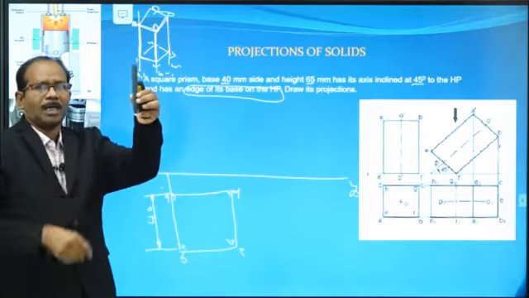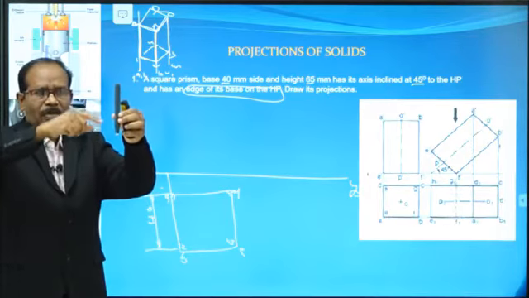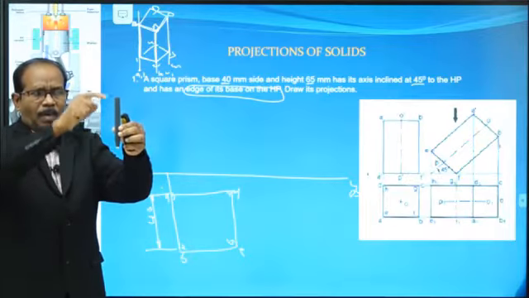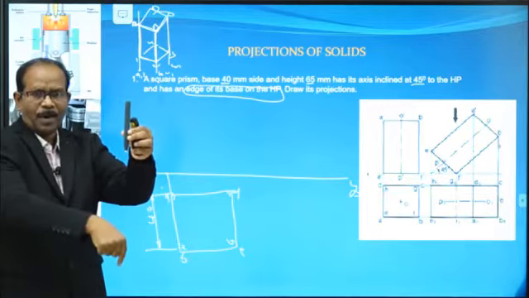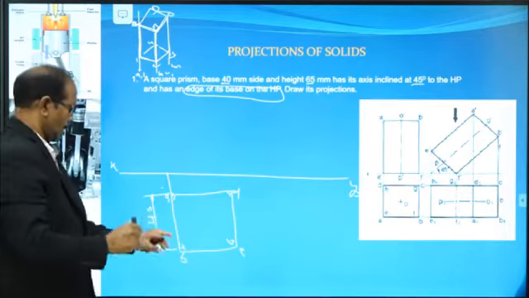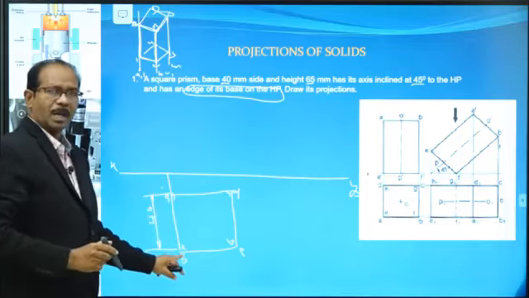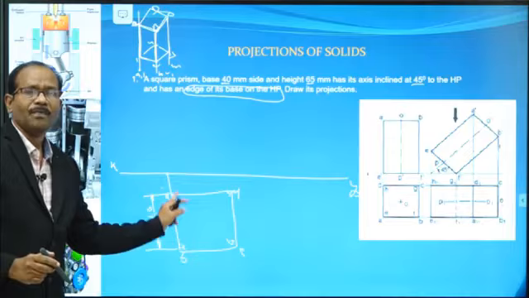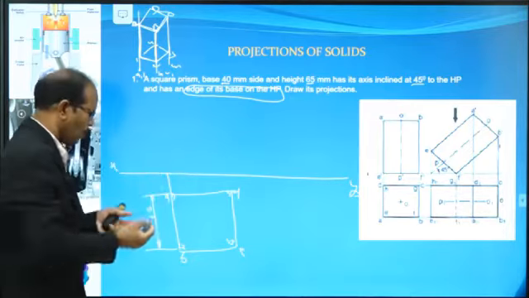This is the vertical height of a vertical edge. This is the A point, this is the 1 point. While projecting, both are a single point because the edge is perpendicular. A, comma 1, B, comma 2, C, comma 3. Now this is the top view of the given diagram.